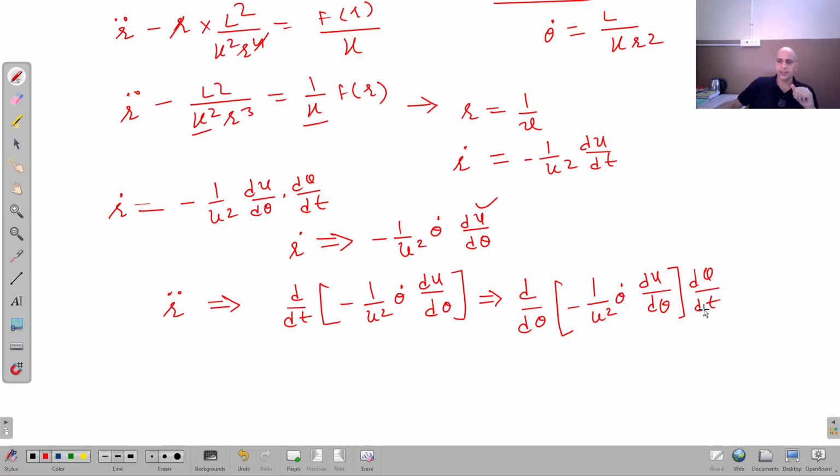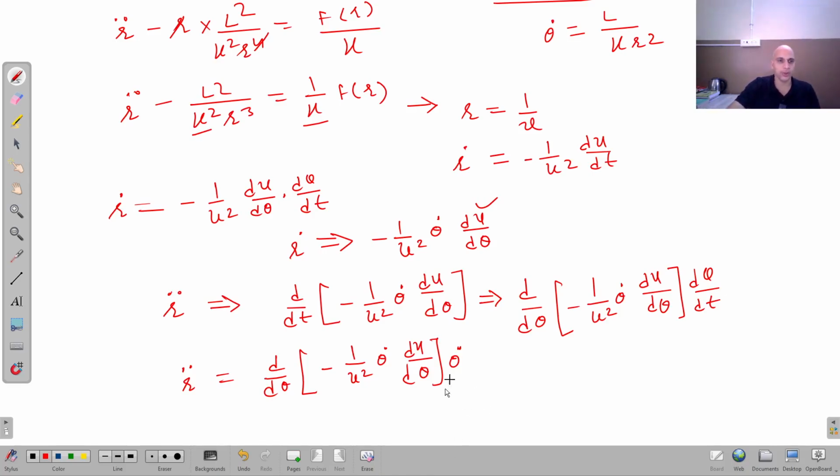So d theta upon dt again becomes theta dash. So r double dash becomes equal to d upon d theta into minus 1 upon u square theta dash du upon d theta into theta dash. So this is what I got from here.